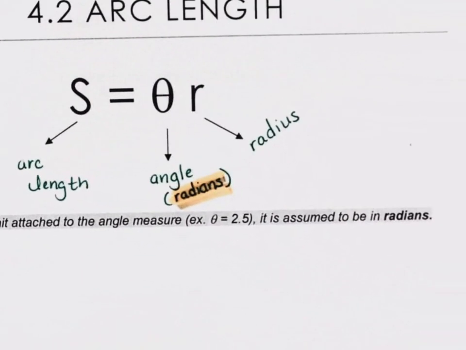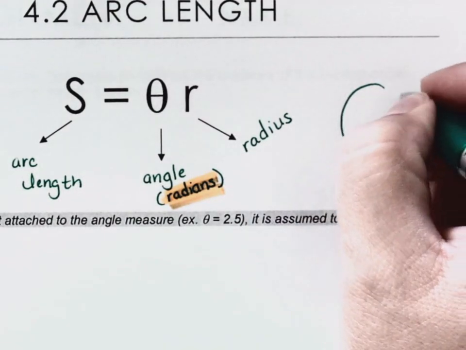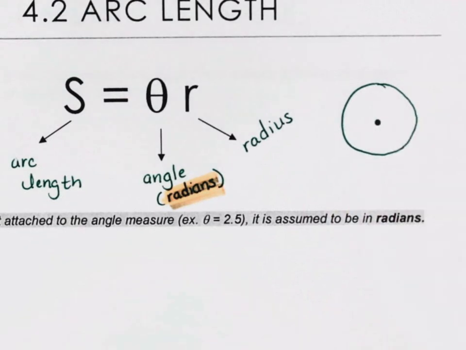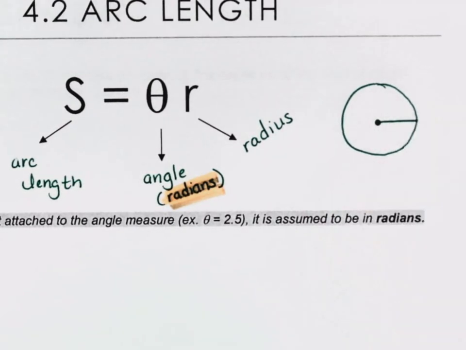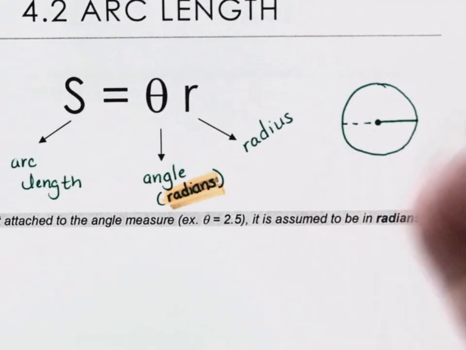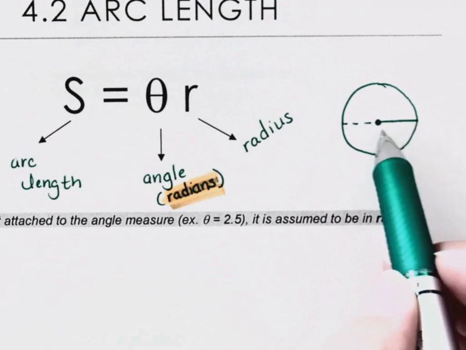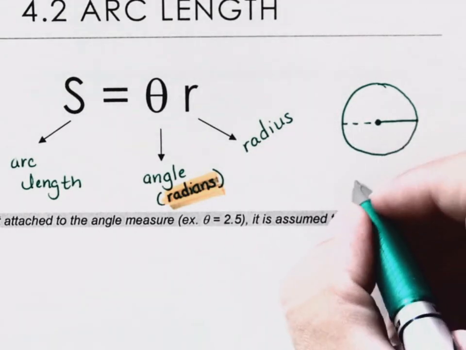Let's do a little picture here of an arc length. If we have the center point here, a radius is from the center to the circumference, so the middle to the outside. If it goes from one side to the other, passing through the center, that's the diameter.